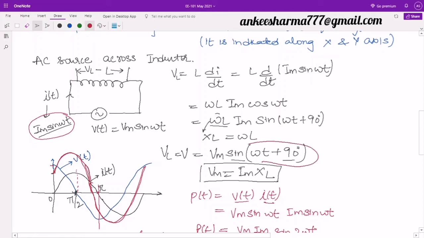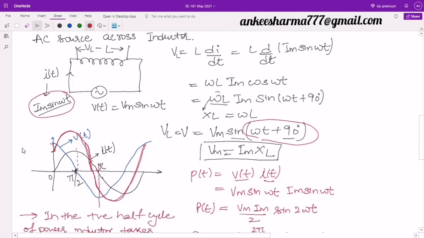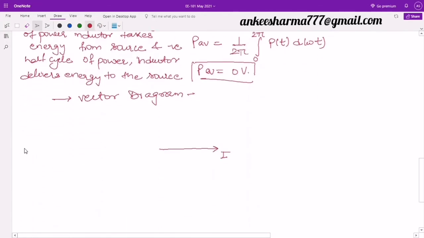It means a phase of plus 90 degree. Whenever there is a phase of plus 90 degree, we move in the anti-clockwise direction. So I will move from here anti-clockwise to plus 90 degree, and exactly at plus 90 degree I will draw my voltage. So this will be my vector diagram of my voltage, right?